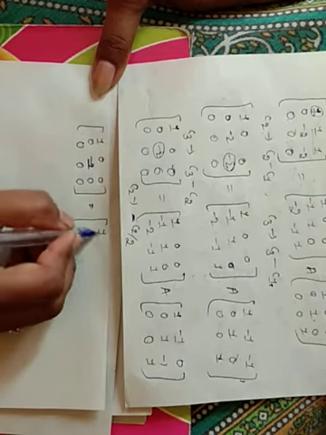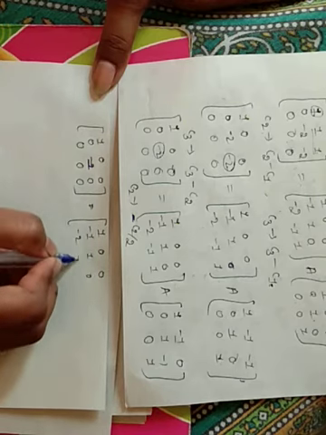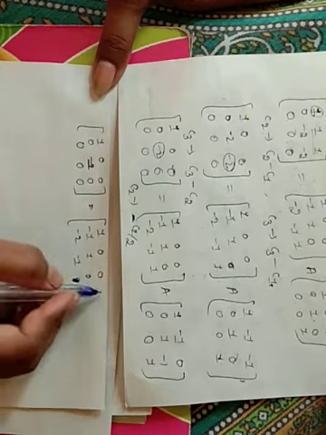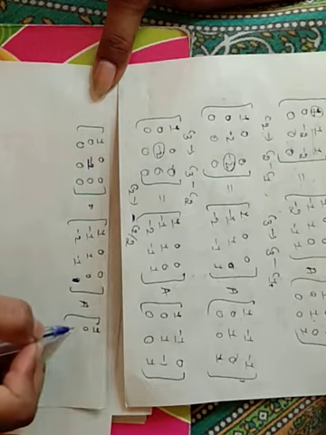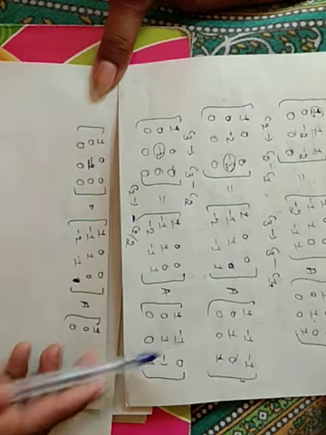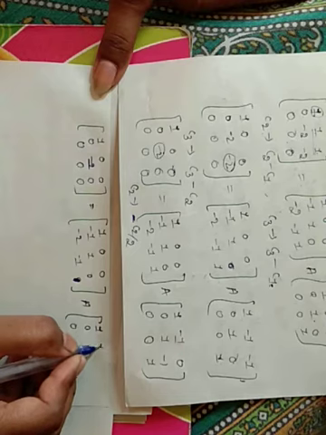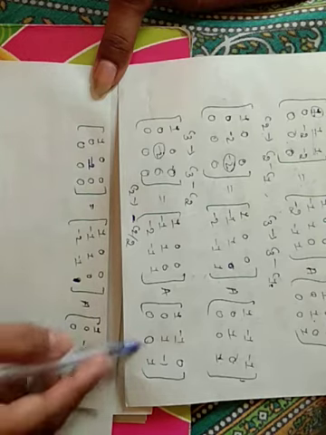Keep the first matrix as it is. First column will be kept as it is. Second column is entirely divided by minus 2. Minus 1 by minus 2 is 1 by 2. 1 by minus 2 is minus 1 by 2. 0.